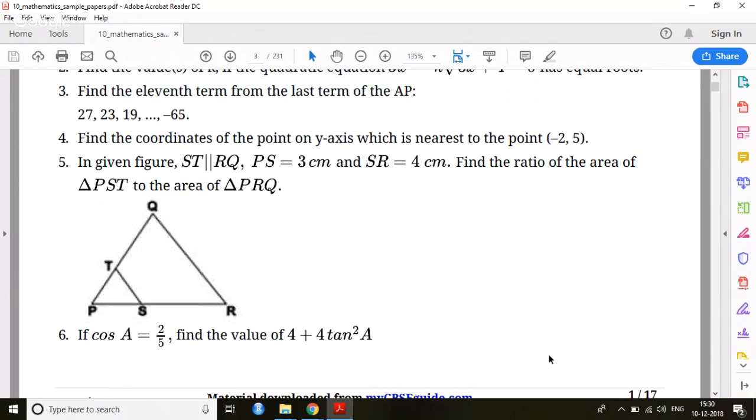First six questions I'm going to solve. So what's the answer of the first six questions? Can you tell me the answer of the first question?